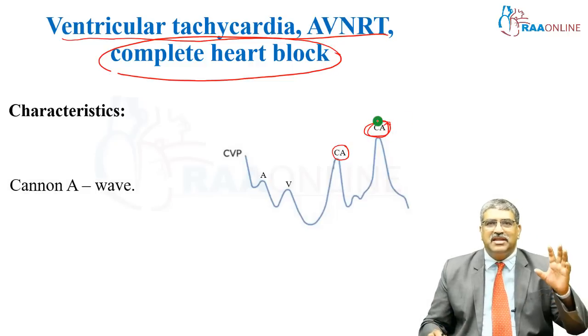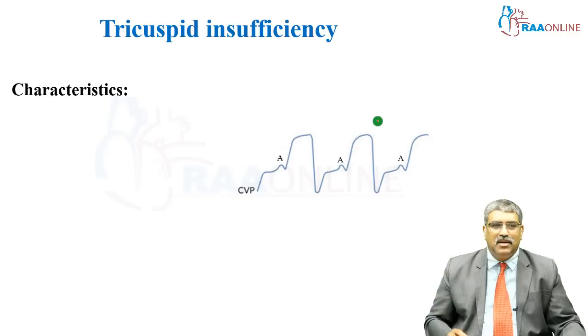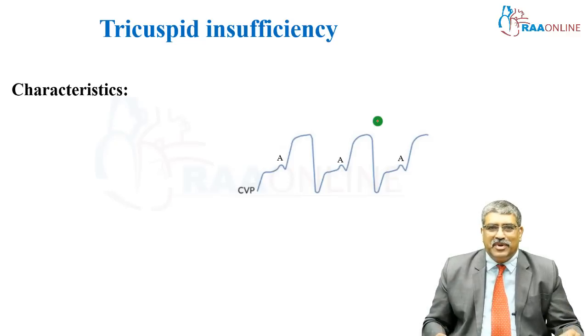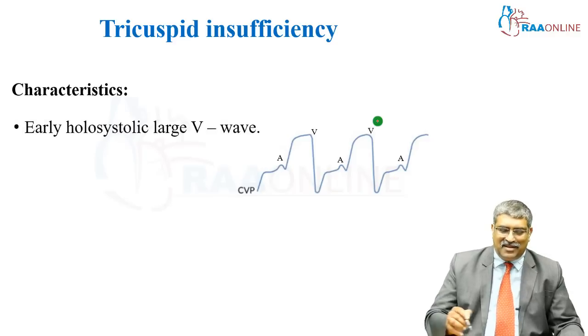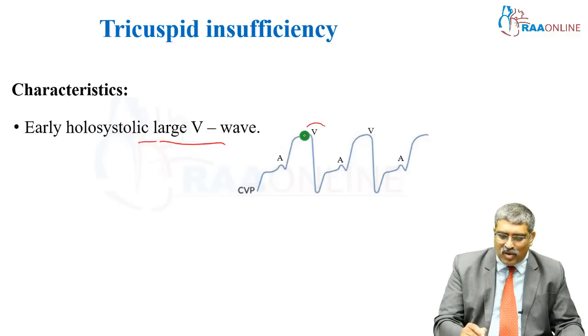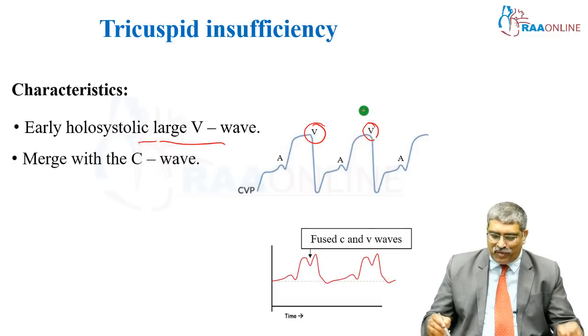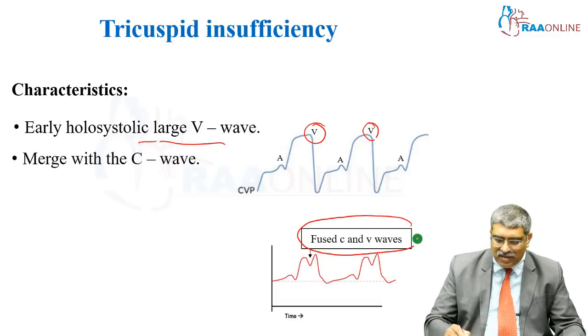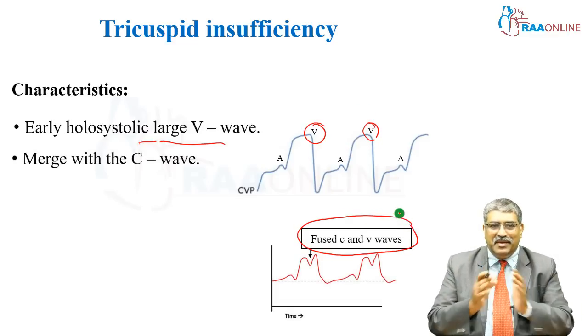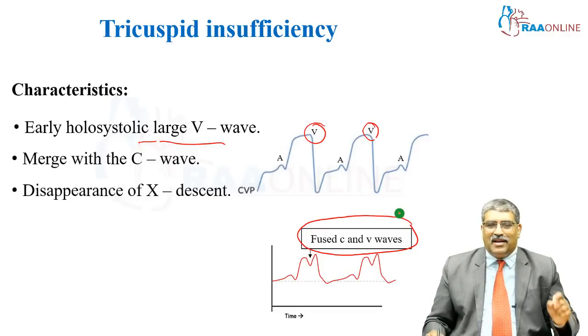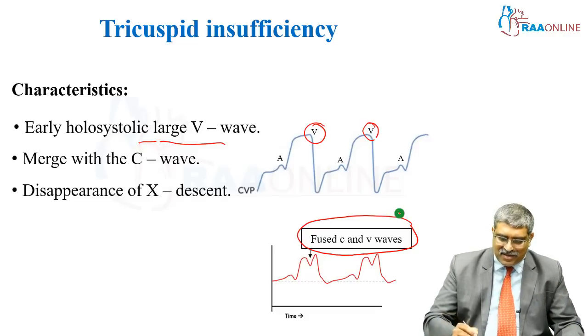A large A wave is seen, and in tricuspid insufficiency there is a large holosystolic V wave, and there can be fusion of C and V wave, which is called the CV wave. And another important thing is the disappearance of the X descent.